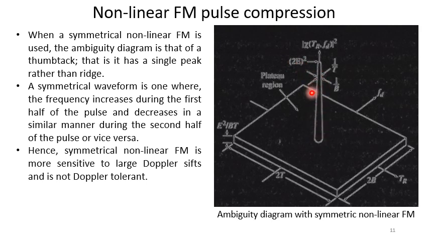This width is 1 by T in one direction, in the other orthogonal direction it is 1 by B, and there is a valley here of width twice T, and in this direction it is twice B. So this portion is the region where we have a very small amount of ambiguity.